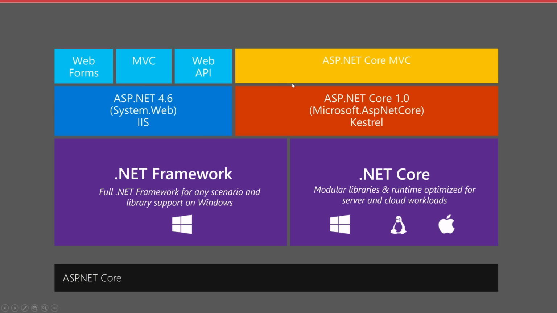They wrote Kestrel, which is a new web server in ASP.NET Core. It's extremely fast and very lightweight, and I'm going to show you how you can deploy ASP.NET Core apps on IIS, even though they're running in Kestrel on the back.